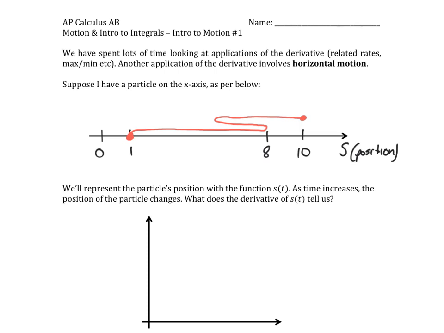It's not floating above it, but it's hard to represent the back and forth just on the x-axis. So imagine a particle shifting right, then shifting left, then shifting back right. That's what we're talking about when we talk about horizontal motion. It's not moving vertically, it's not moving diagonally, it's only moving in one direction, horizontally, and we can represent that via the axis there.